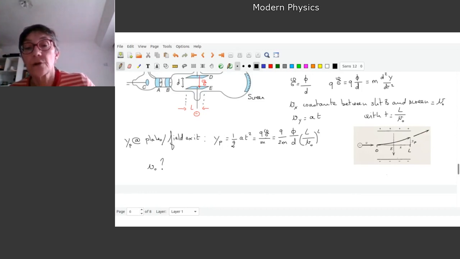So we write it this way. You have the charge over the mass, this is the potential difference, the distance between the plates, and here, this is L, the length of the plates.